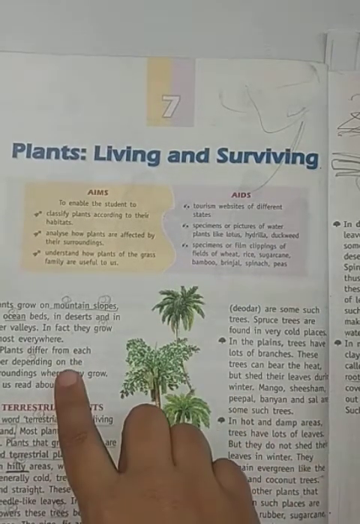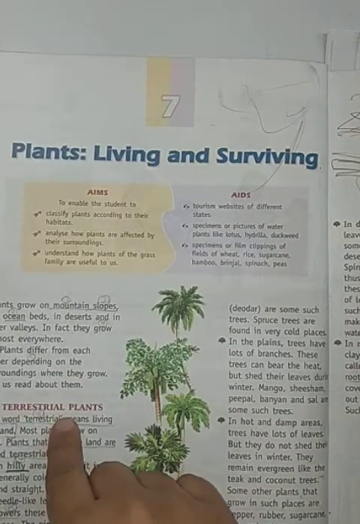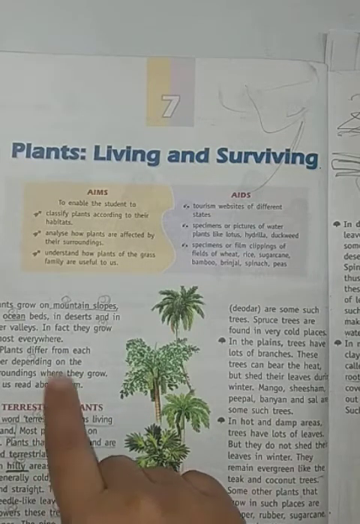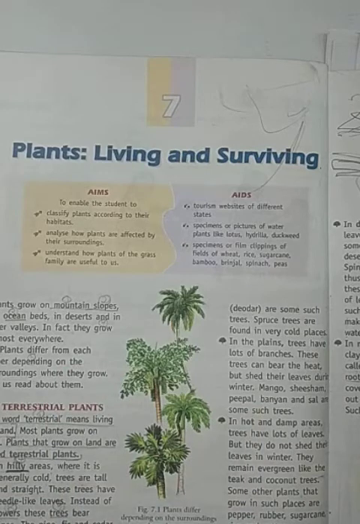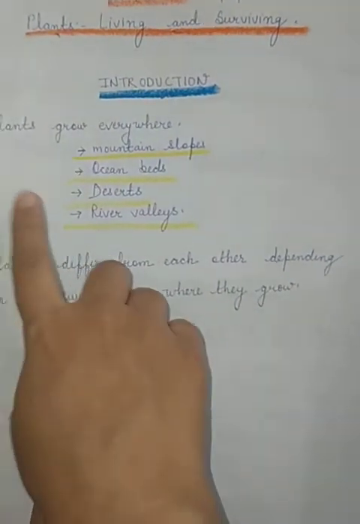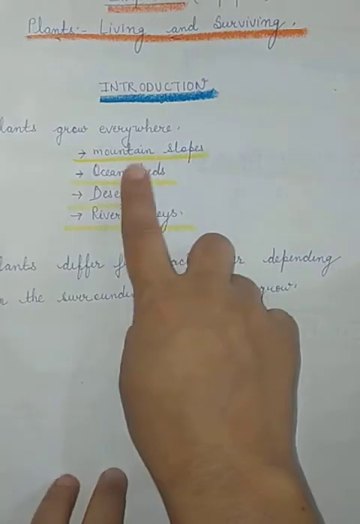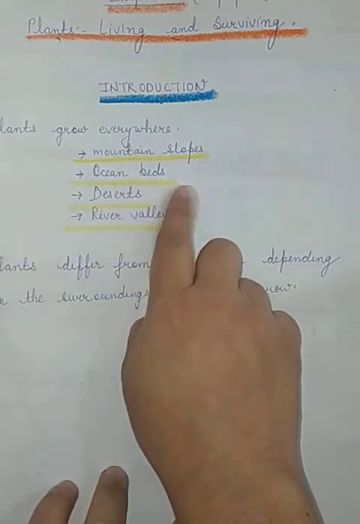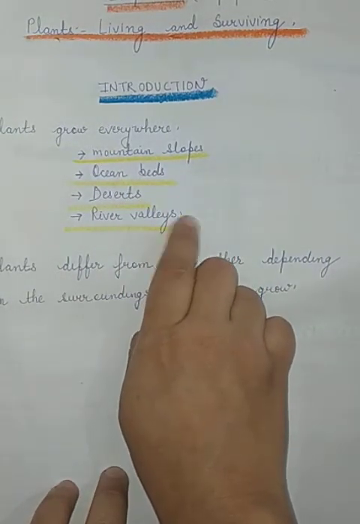So the first topic that we will talk about is terrestrial plants, and before that we will start the introduction of this chapter. You can see here what is written in the introduction part: as we all know, plants grow everywhere, in mountain slopes, in ocean beds, in deserts and river valleys.